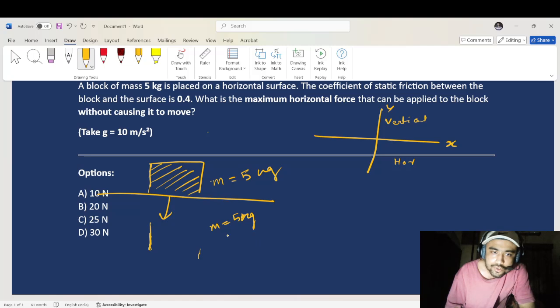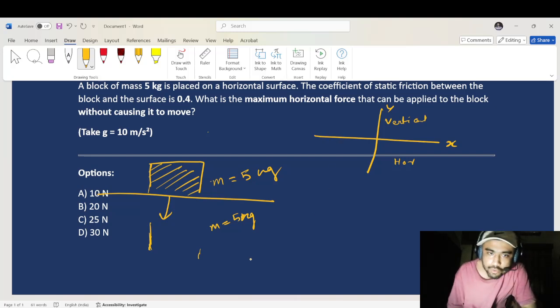Okay. So we have the mass of the block, which is 5 kg. This is the block which is placed on a horizontal surface, and before solving this type of question, you must have the prerequisites, which is a basic understanding of the classical mechanics chapter on friction.